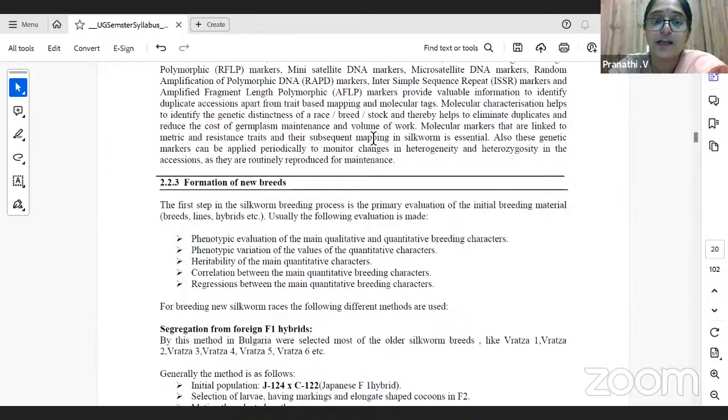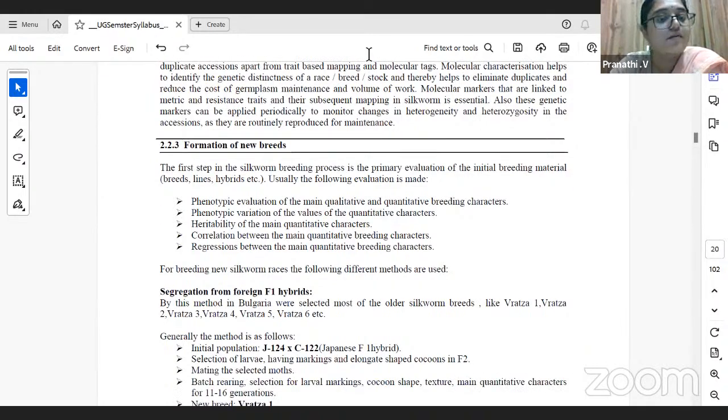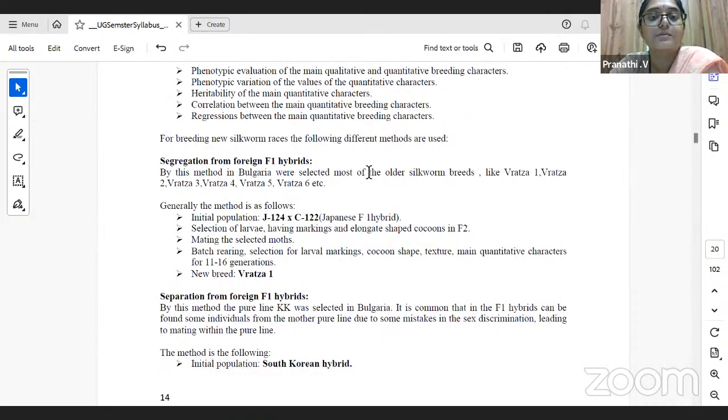So for breeding new silkworms, you have different methods that are being used. First is segregation from the foreign F1, that is first filial hybrids. So in Bulgaria breeding station, this was done, wherein you have selection. Most of the older silkworm breeds like Radza 1, Radza 2, 3, 4, 5, and 6. So what is it that you're going to do over here?